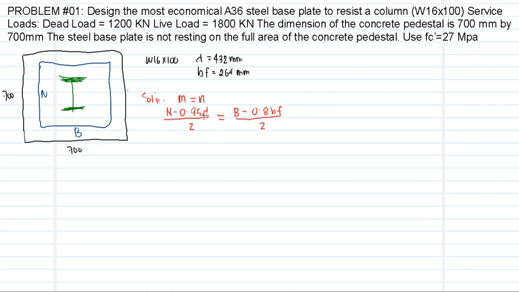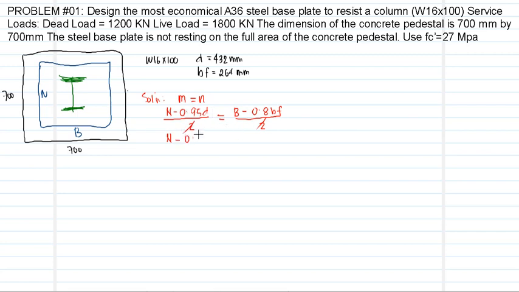Okay? So, simplifying this equation, either yung gusto nyong kunin, yung N in terms of B, or yung B in terms of N. Okay? So, kunin natin N in terms of B here. So, that is N. So, magka-cancel yung 2. Since pag minultiply mo, magka-cancel yan.